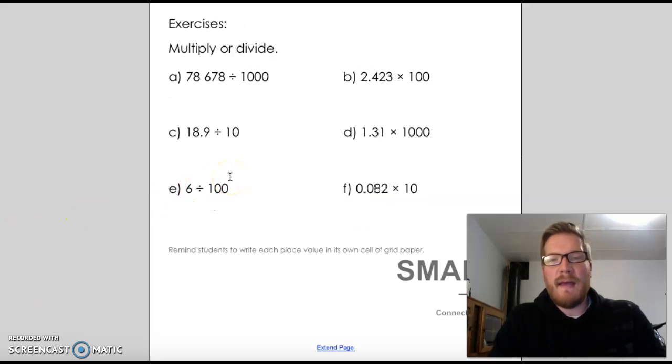Some exercises, again, you can practice them on your own and then pick it up after you pause it.